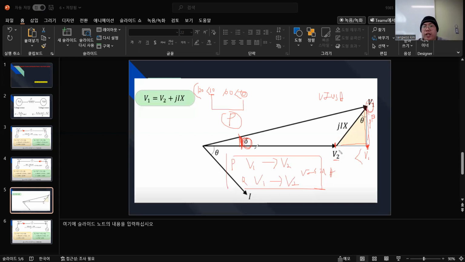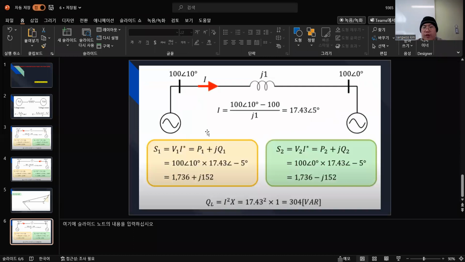And the last one thing I'll give you guys: what happened if the voltage magnitude is the same, and the only difference is this angle? You know what I mean? Angle is, what did I say to you guys? Angle.